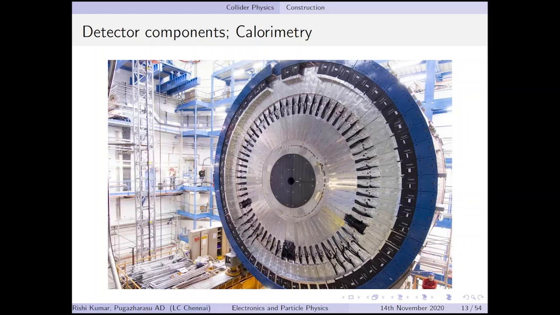The electromagnetic and hadronic calorimeters are sensitive to electromagnetic and hadronic radiation respectively. In particular, the electromagnetic calorimeter stops electrons and photons and low mass particles that interact via electromagnetism.